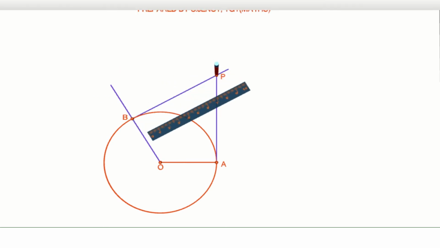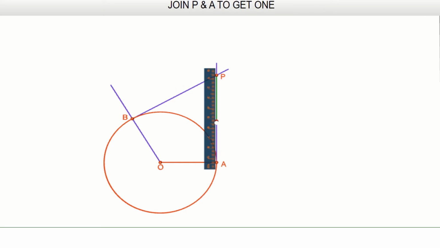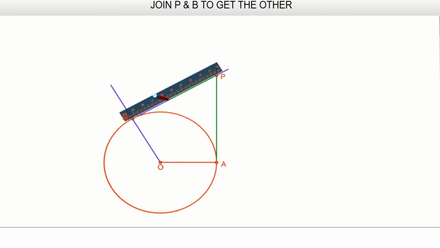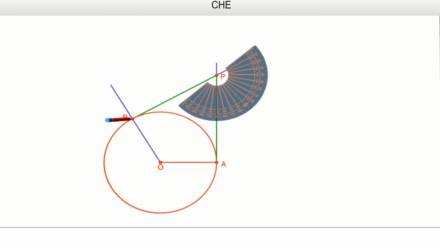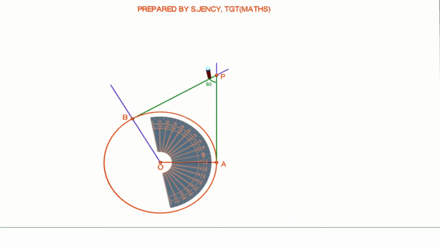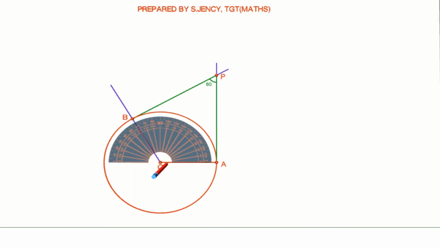So I am marking the point as P. PA and PB are my tangents. Check, this angle is definitely 60 degrees. This is what we need.